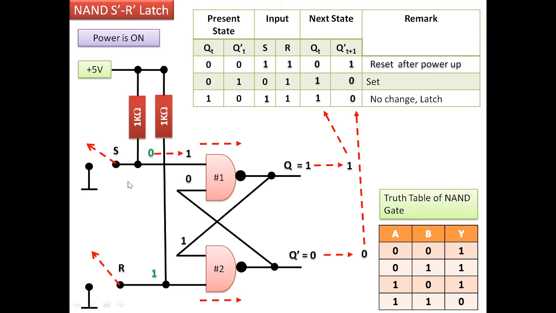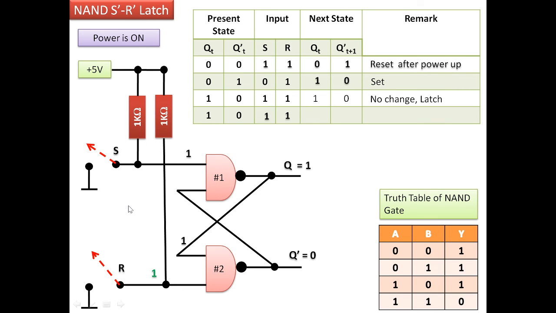Now let's move on to the next section where we will be resetting the S bar R bar latch. Now to do that, let us connect the R to the ground. When we connect the reset terminal to the ground, previously available 1 now changes to 0, and this NAND gate will respond now. So the 0 at the output will now change to 1, and this 1 will be available at the input of the NAND gate 1.